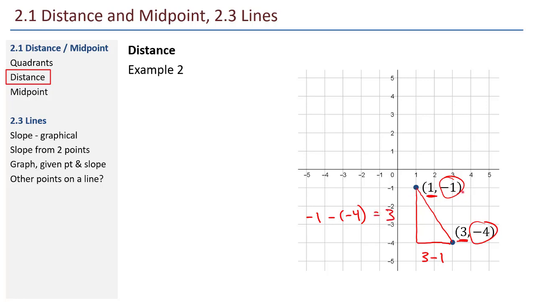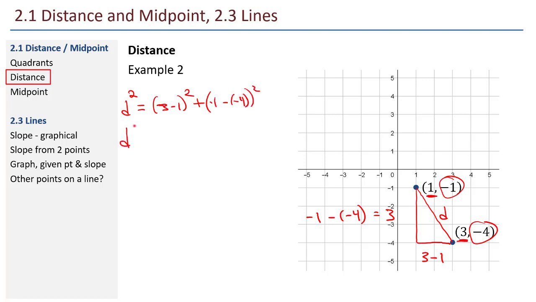I take the larger value and I subtract the smaller one, so I end up with a positive number that gives me length. But once again, if my hypotenuse is d, now I have d squared equals the change in x, so (3 minus 1) squared, and then the change in y, (-1 minus -4) squared.